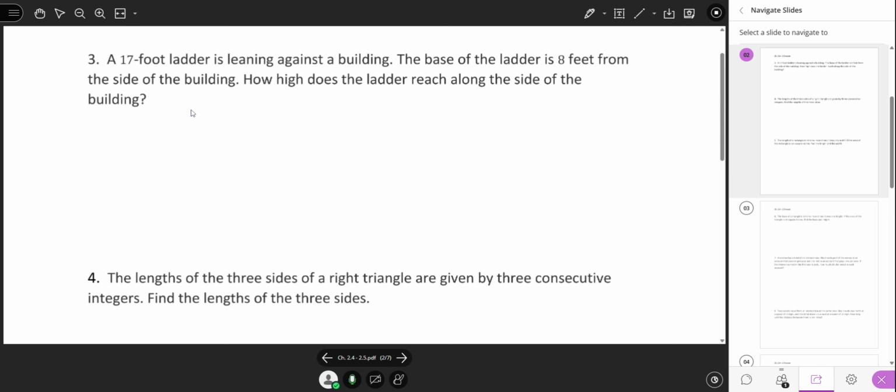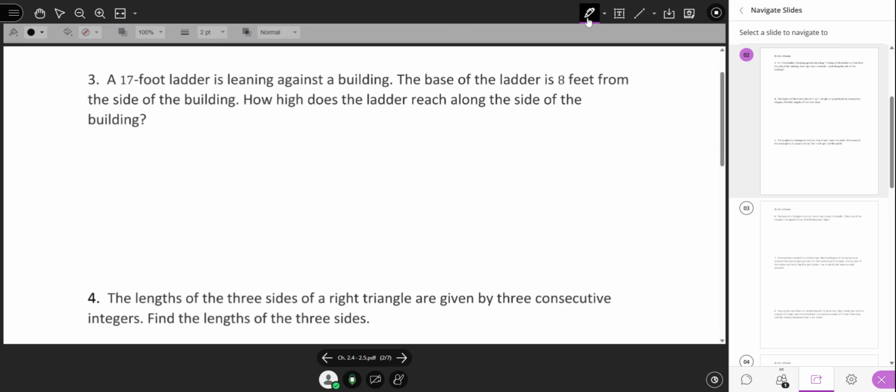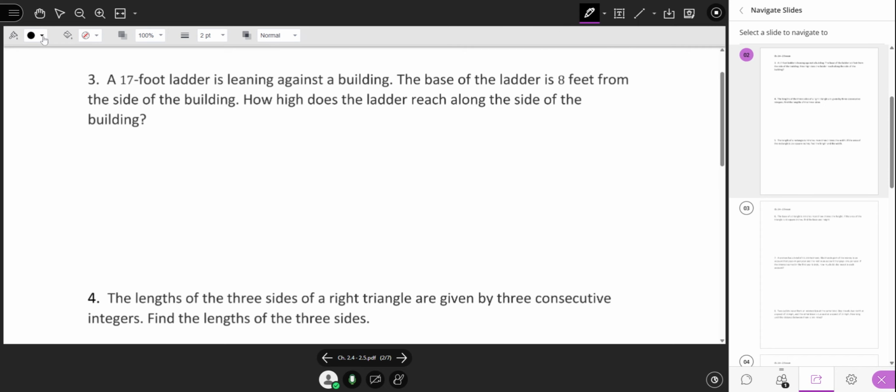Now, again, draw it. Drawing is so very important. A 17-foot ladder leaning against a building. So here's my building.